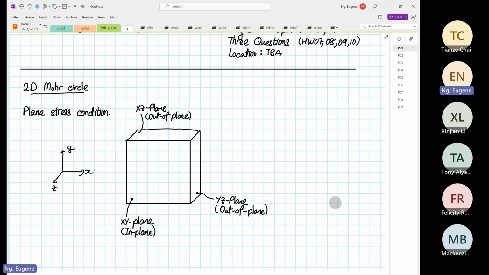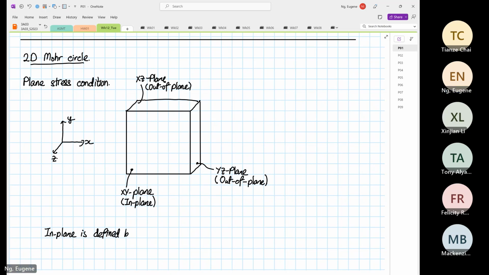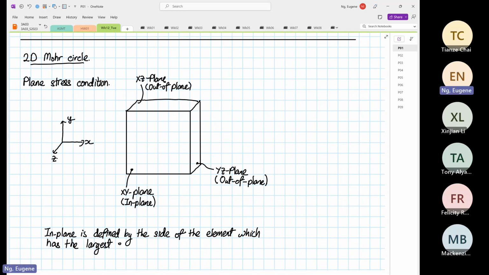But before I go on, in plane is defined by the side of the element which has the largest surface area.